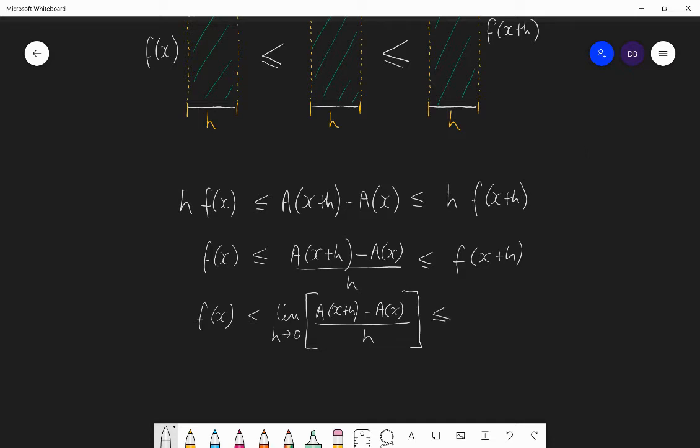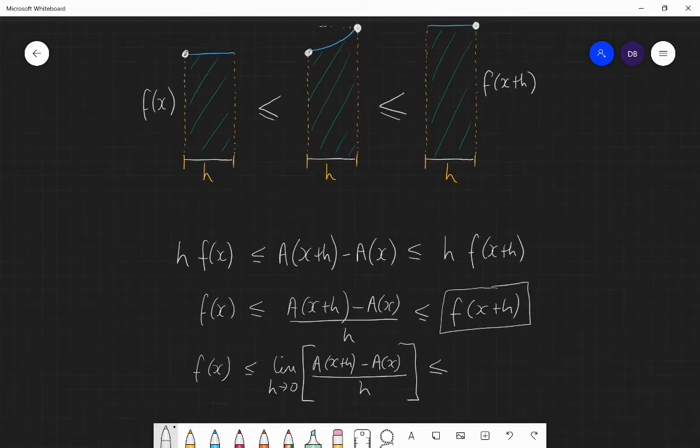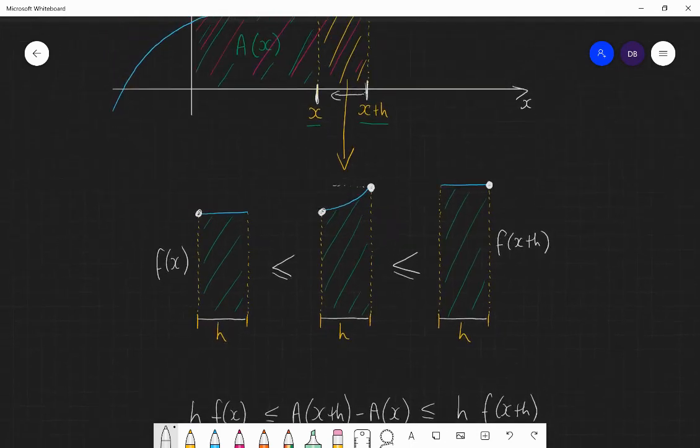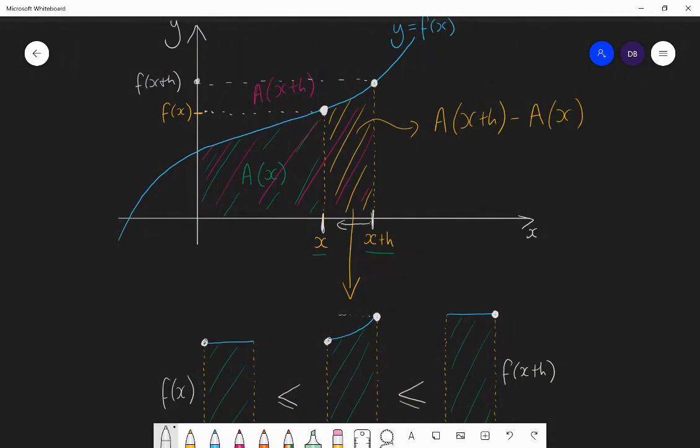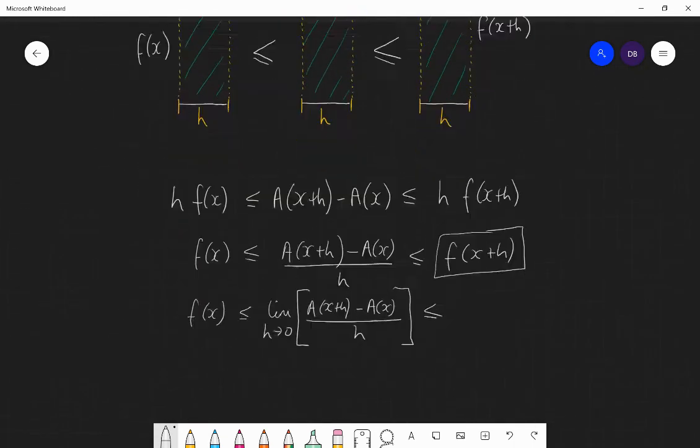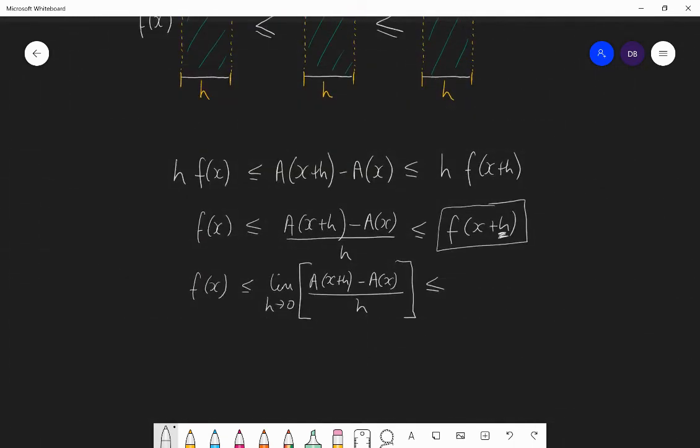And then if I find the limit as h tends to 0 of f of x plus h, well, as we make h tend to 0, so as we're bringing x plus h closer and closer to x, then f of x plus h will get closer and closer to f of x. So as h tends to 0, f of x plus h will also tend towards f of x, which makes sense because if I make h 0, then I've got just f of x.